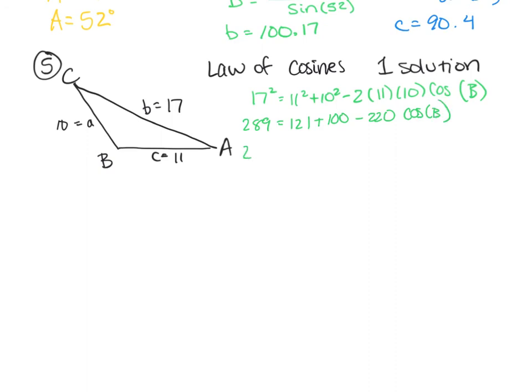Let's add those first two numbers together. 289 is equal to 221 minus 220 times cosine of B. Remember, I cannot do 221 minus 220 because of order of operations.